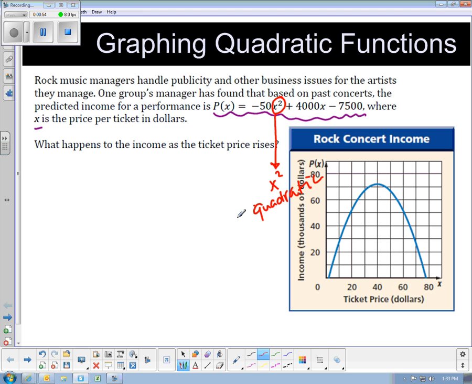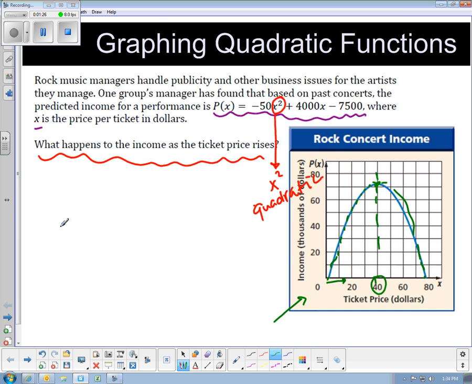Now the question is, what happens to the income as the ticket price rises? If we take a look at the graph of this function, we want to see what it tells us. Here we have income at $0 where the ticket price is $0. As the ticket price increases, the graph goes up. Then there's a point at about $40 where the graph turns and goes back down.